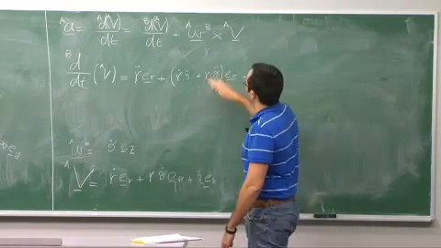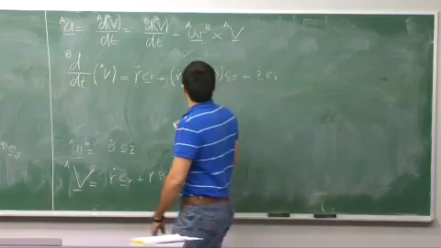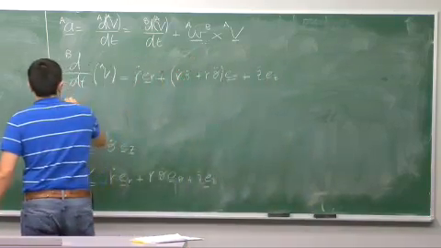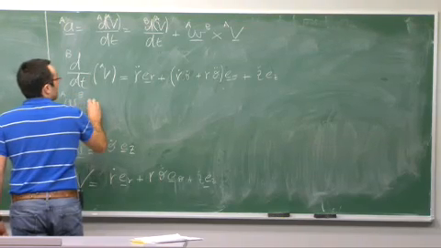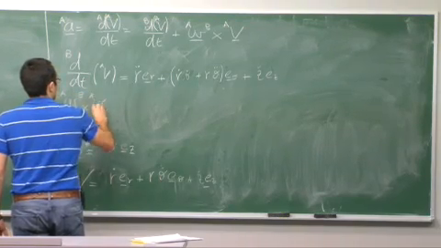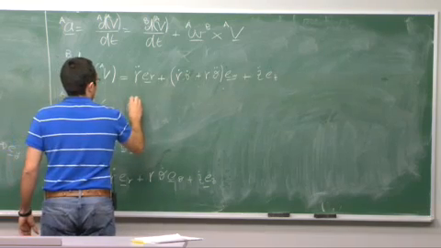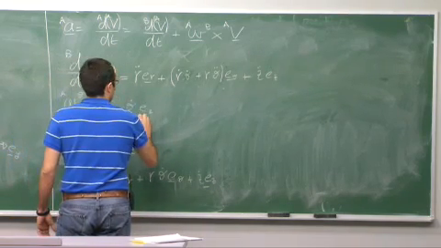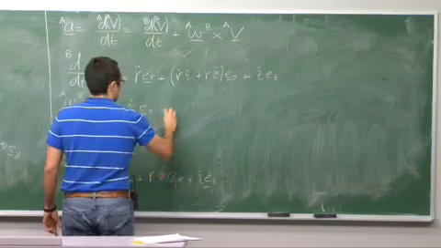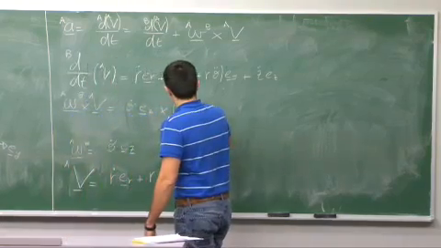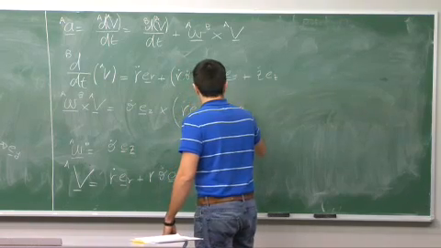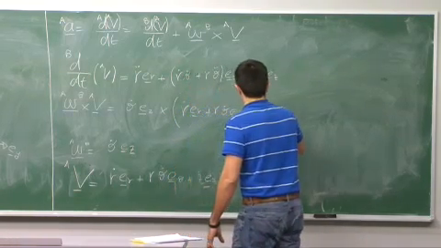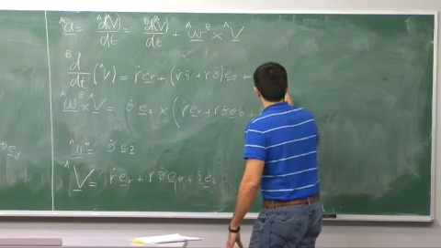That's the first one. Omega BA is the same, so I can just go and compute that cross product. Omega BA cross with V in A is theta dot EZ, right? Cross with R dot ER plus R theta dot E theta plus Z dot EZ.